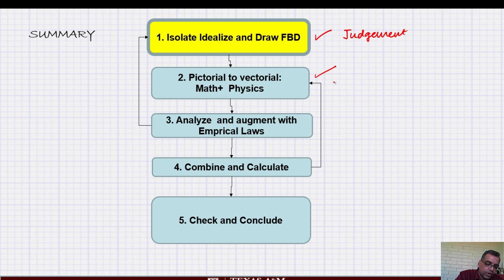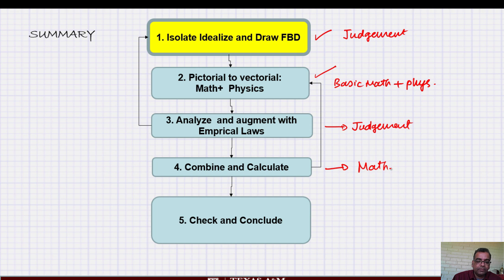This requires some knowledge of basic math and physics. Analyze an argument. This also requires judgment. This again requires combine and calculate. So this requires actually quite a bit of math.